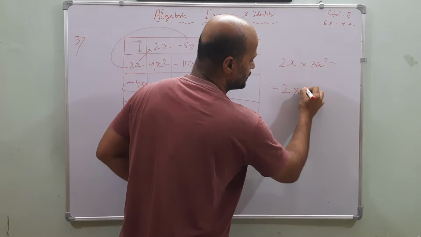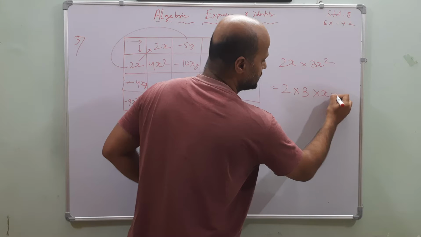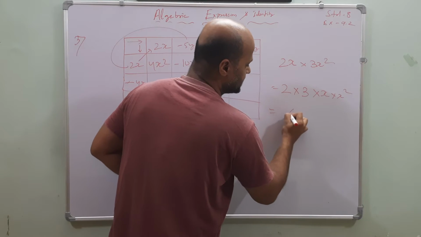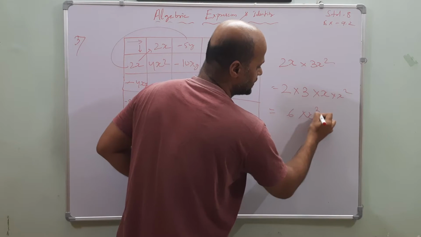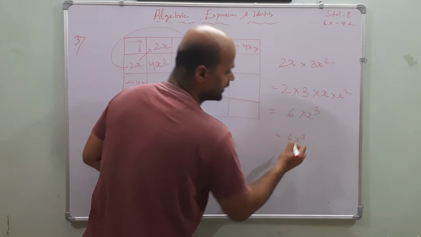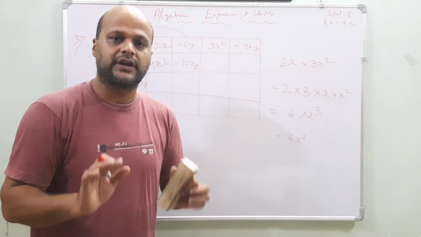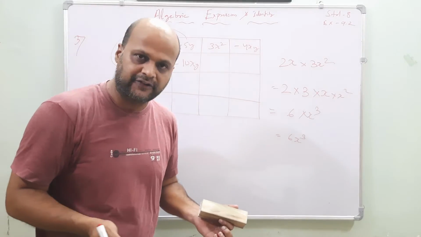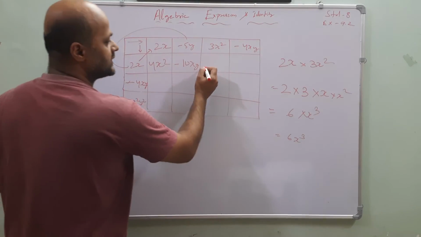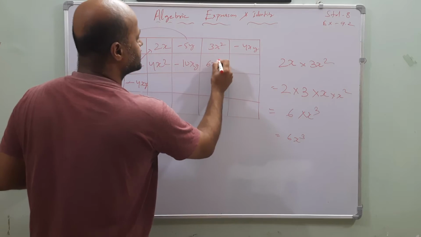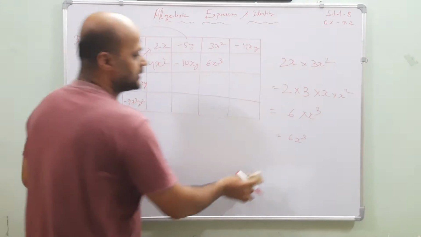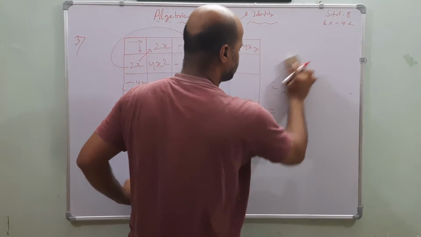See, 2 into 3 into x into x square. 2 3s are 6, into x cube. 6x cube. Like this you have to find it. Now don't be confused. If you remember the funda, then it is clear. So the answer here is 6x cube.